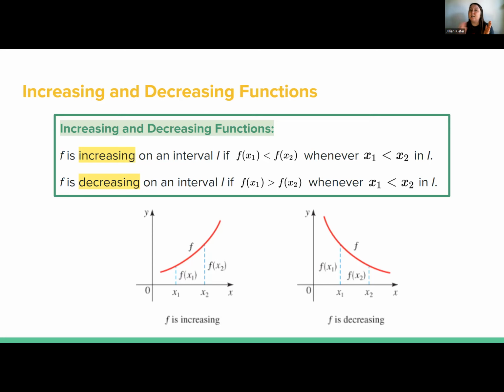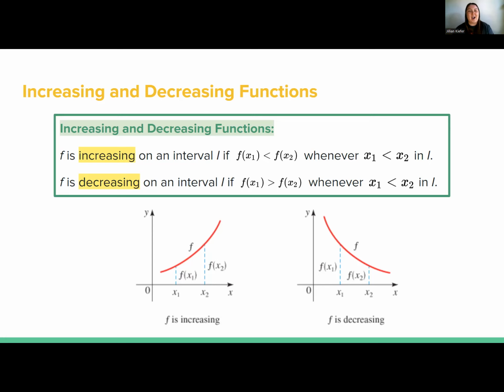So as x is still increasing, because remember we're always reading from left to right, x is always increasing, we're saying our y values are decreasing as x is increasing. But also if we're looking at our function in order from left to right and we look at our graph and it's going down, we're going down that roller coaster, it's decreasing.